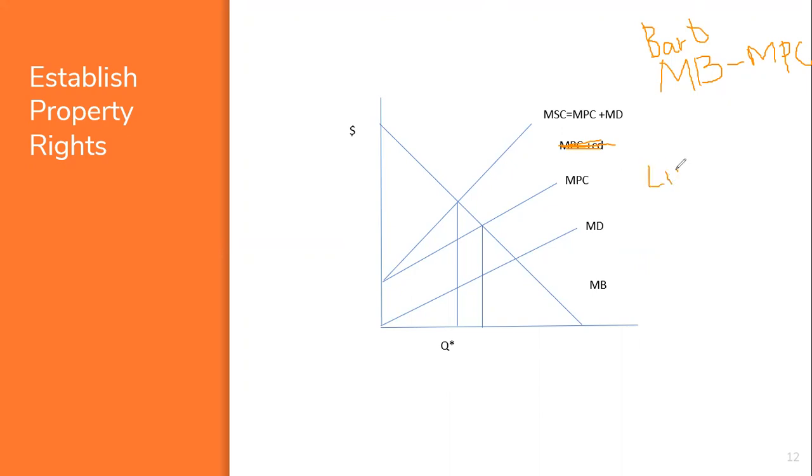For Lisa, the equation would be marginal damage greater than the payment, compared with MPC, right?